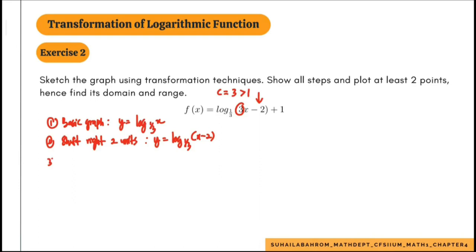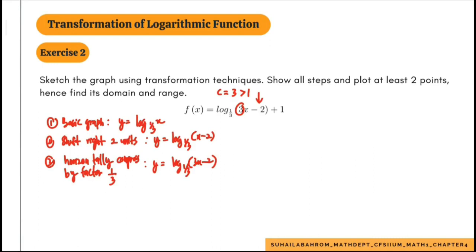So this is the third graph, horizontally compressed by a factor of 1/3. The function here is y = log(3x − 2) with the base 1/3.